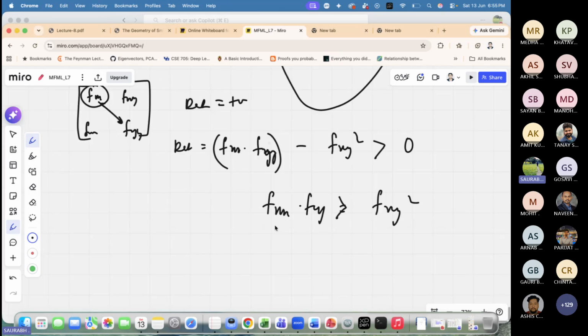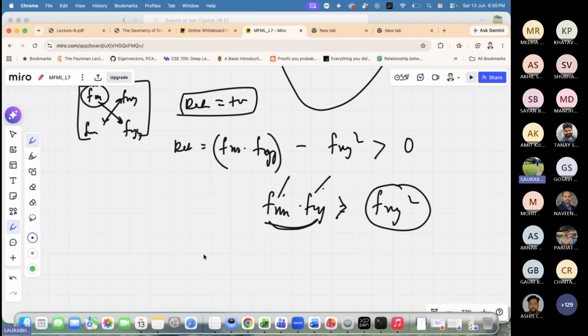Or you are saying that the multiplication of these two is greater than the cross element that you get. This can only happen if you have these two large positive. If these two are large positive, then only you can overshadow fxy square. Hence, if the determinant you have already taken as positive, there is no need to lay out a new criterion saying that fyy also needs to be positive.